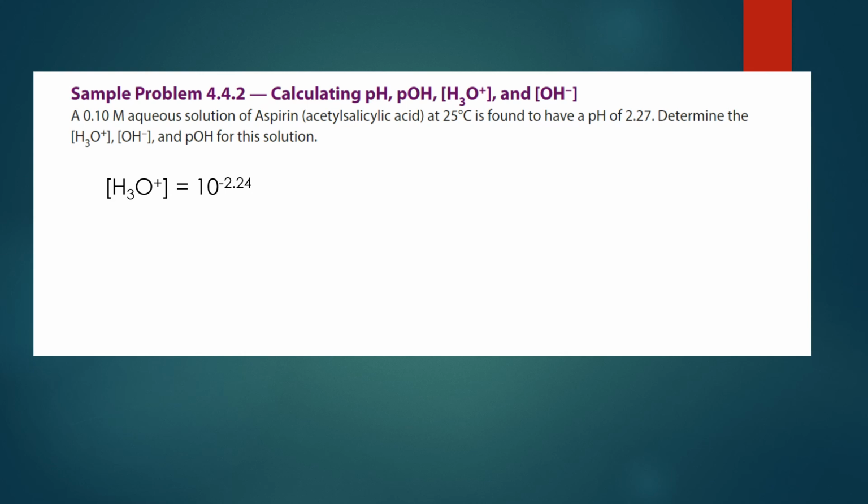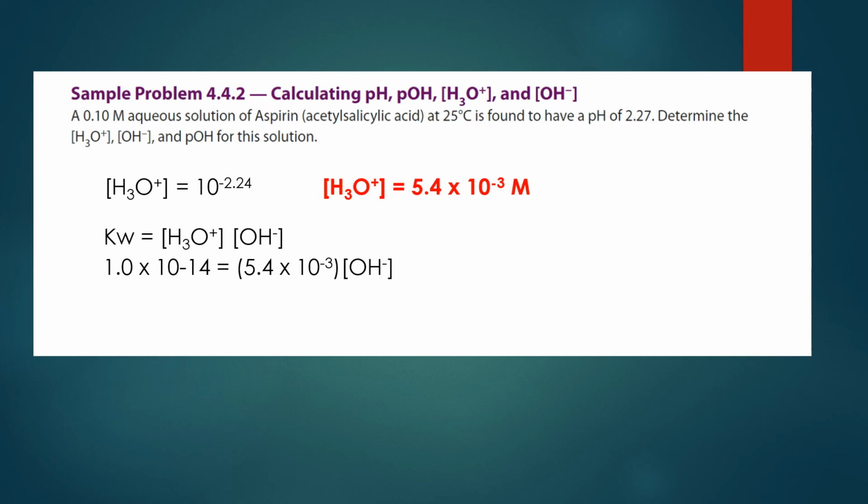For the first one, calculating the concentration of hydronium, we're just going to take 10 to the negative 2.24. We're taking the pH there. We get 5.4 times 10 to the negative 3. For calculating the concentration of hydroxide, I'm going to use the Kw formula. There are a couple of different ways of calculating this. This is just the one that I've chosen because it's nicely in order.